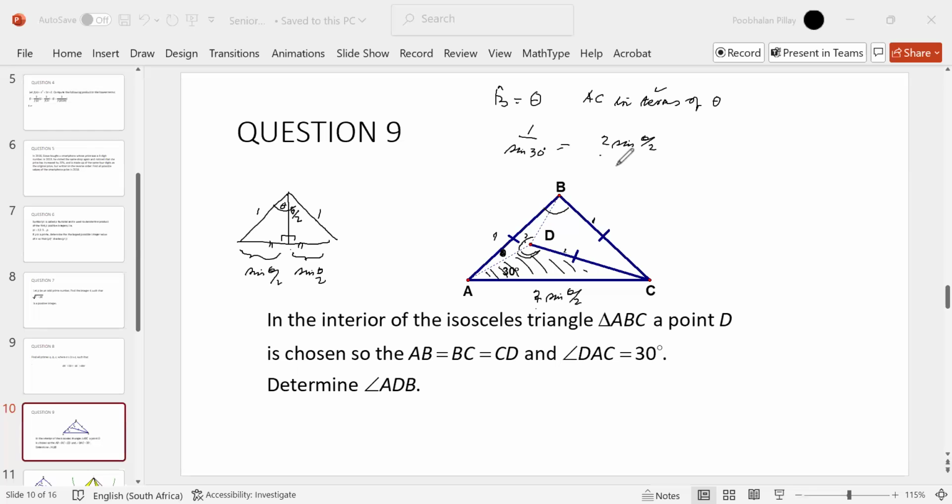We call it sine of ADC. The sine here, right? Opposite this over the sine opposite it.